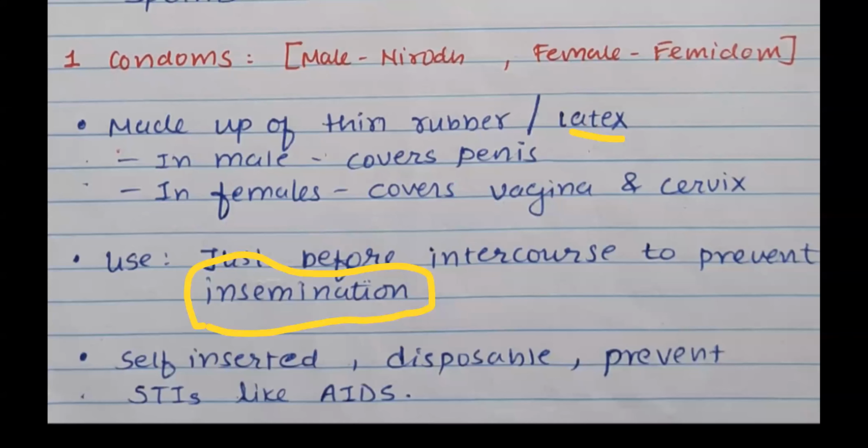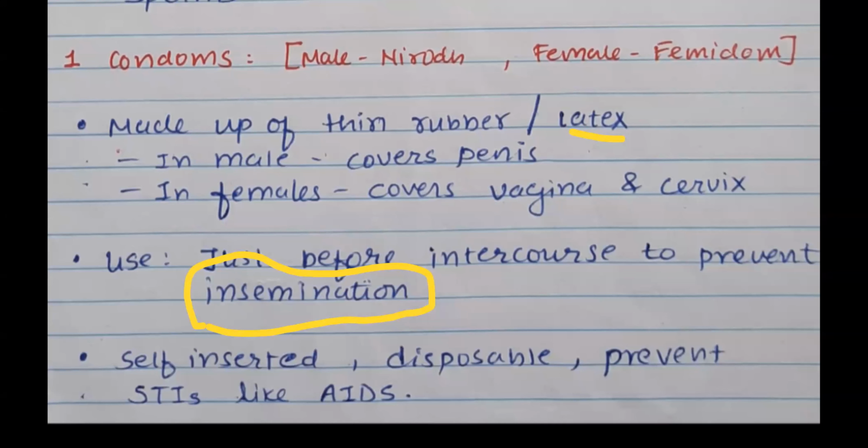So just before the intercourse, these condoms are used to prevent the insemination. The semen remains inside this thin rubber structure when ejaculation occurs during the coitus. Ejaculation means semen comes from the penis into the vagina, the female reproductive part.